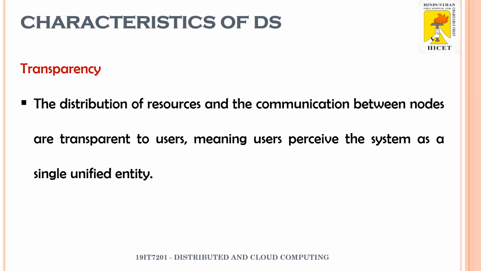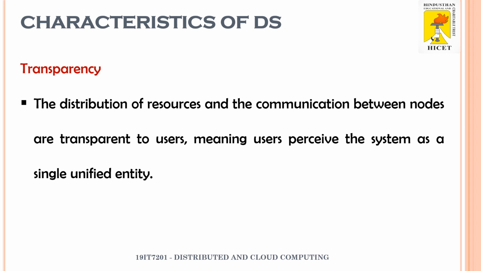Next, transparency. As far as a distributed system is concerned, we have multiple nodes. The distribution of resources and communication between nodes are transparent to the users. Each and every host may know what is happening in and around the network, which means users perceive the system as a single unified entity.